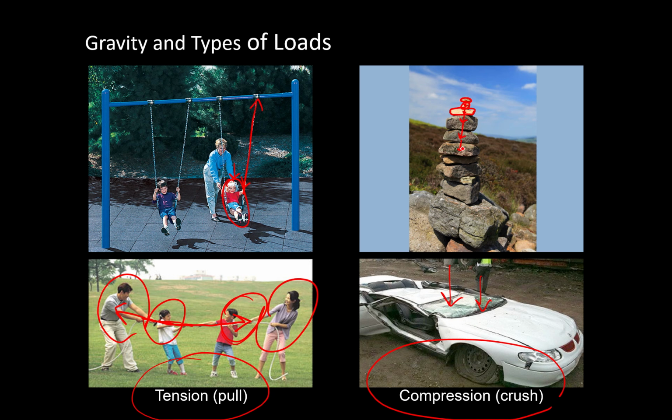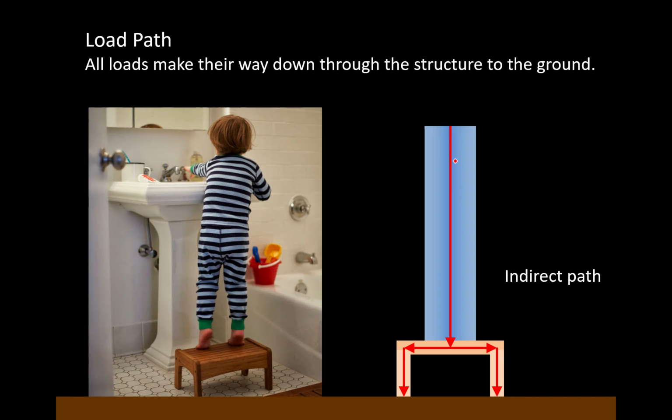The combined weight of everything that's up above is being pushed onto the stone below it. And so when the weight or force of an object pushes down, eventually that load path, or all that weight, has to come to the earth.